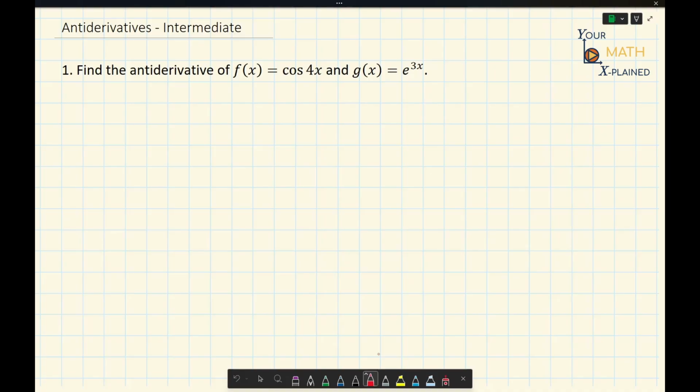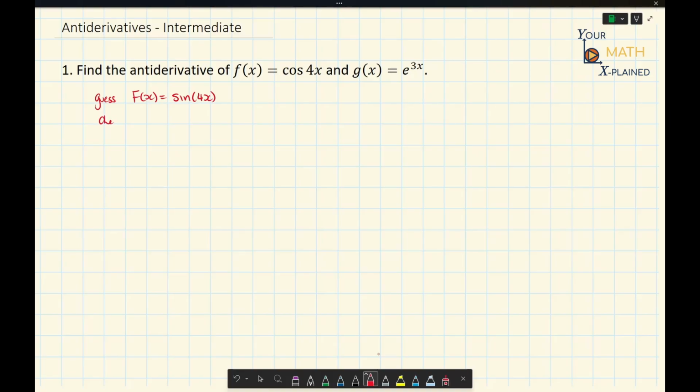For our first example, we want to find the antiderivative of f of x and g of x. So for f of x, we have f of x is cosine of 4x. And we know that if we differentiate sine x, we get cos x, which means we can guess that capital F of x is going to be sine of 4x.